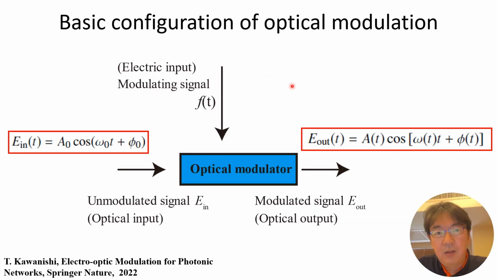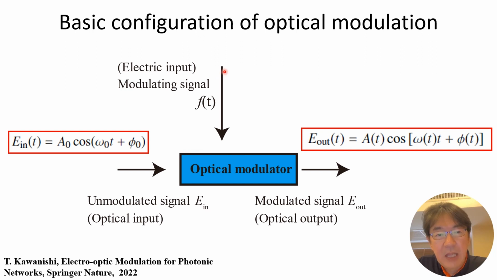Okay, in this slide, I'd like to offer you some simple mathematical expression to describe the basic configuration of optical modulation. Here is an optical input, a modulated signal, which can be described by the sinusoidal wave, as you can see here.